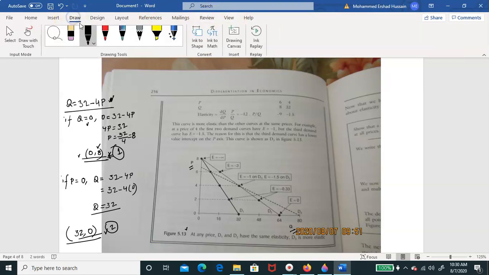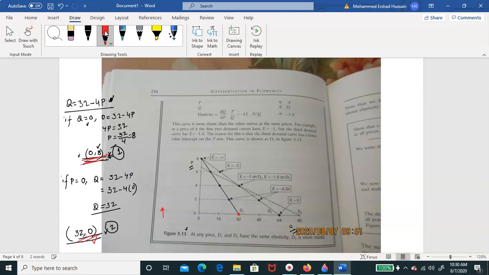So now what are we doing? Let us see if I can change the ink color. So this is 1 and this is 2. We now want to plot. Q is 32 and P is 0, this point. P equal to 0 means the point sits on the horizontal axis, this corner point.